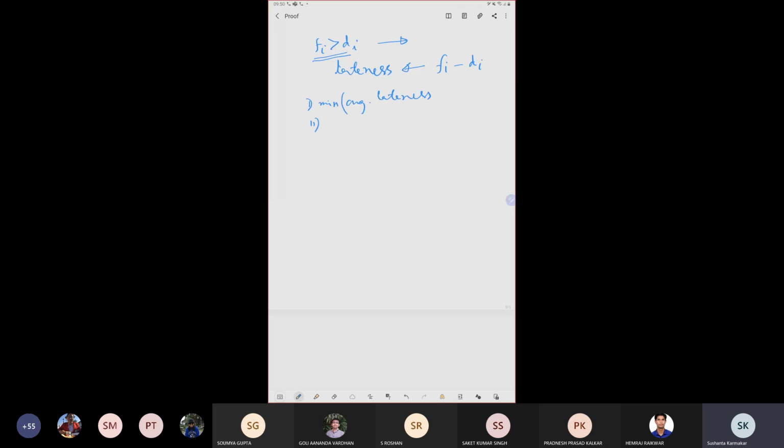Average lateness is the average of these lateness values. Let's say I designate each lateness as delta i. So I just take the average of all such delta values, and that I want to minimize.